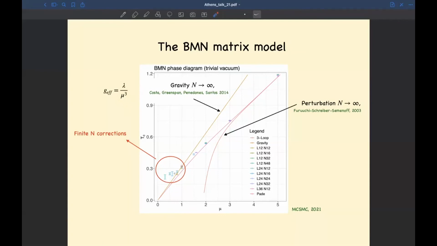So indeed, what we see here is that the gravity line is approached, but at some point we have deviations which can be understood as finite N corrections, because the simulation points here are specific. They have specific N and lattice spacing, while the gravity prediction is done at N to infinity.